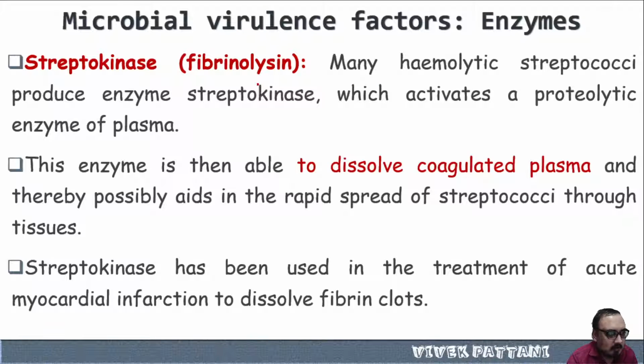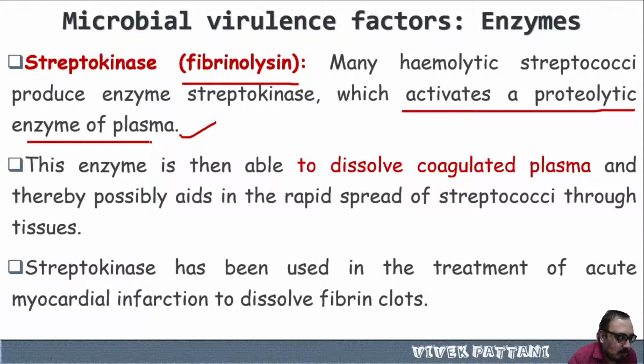Now the next enzyme is streptokinase, also known as fibrinolysin. It is an enzyme which was also used in medical treatment for some diseases, but it is not used nowadays. It is produced by the bacteria Streptococcus, which activates a proteolytic enzyme of the plasma.